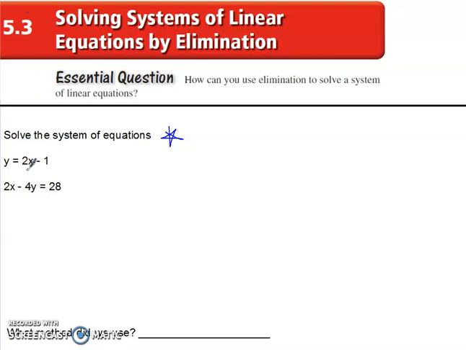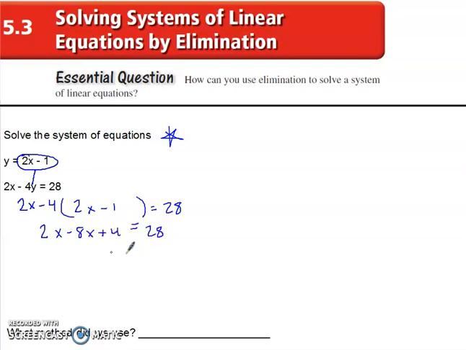I'm going to go ahead and solve by replacing my 2x minus 1 in for my y, since I know what y equals. So I actually have 2x minus 4 times y is equal to 28, but I know that y is 2x minus 1. And then I distribute my negative 4 to get negative 8x plus 4 is equal to 28.